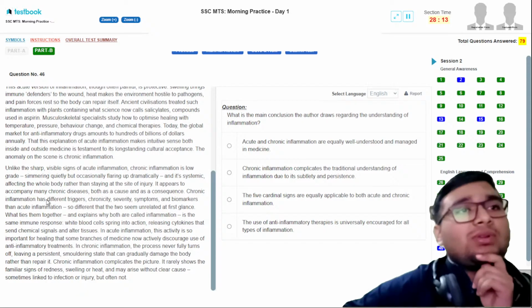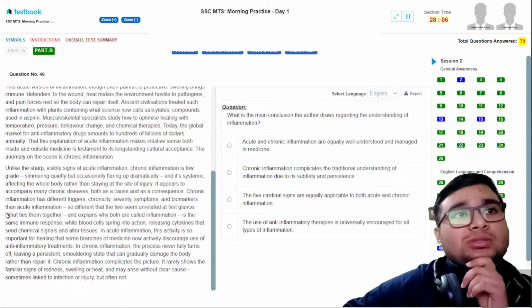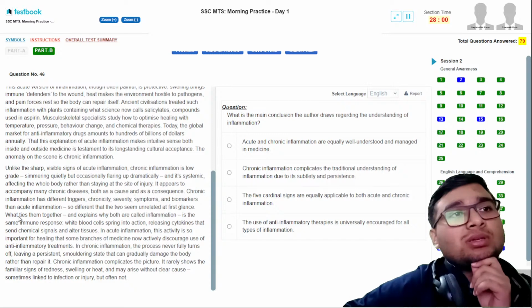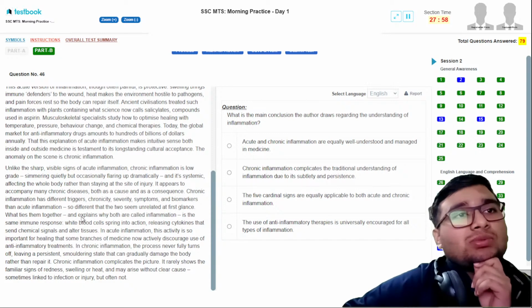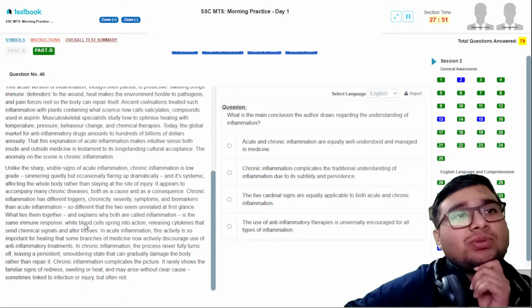Chronic inflammation has different triggers, severity, symptoms, and biomarkers than acute inflammation, so different that the two seem unrelated at first glance. What ties them together and explains why both are called inflammation is the same immune response, white blood cells.